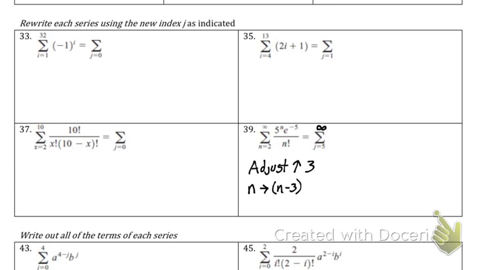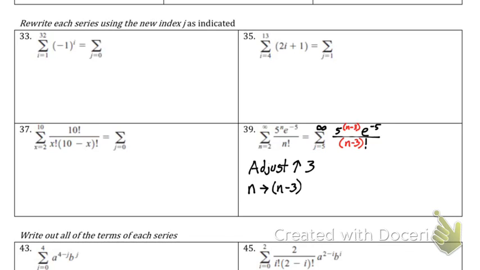And the way I think of it is because I add 3, so I have to subtract 3 to keep it balanced. So we're going to replace every n with n minus 3. So we're going to have 5 times n minus 3, or n to the n minus 3. We leave the e to the negative 5 alone because there's no n in there. And on the bottom it's just going to be n minus 3 factorial. The factorial was there, so let's leave it in black.